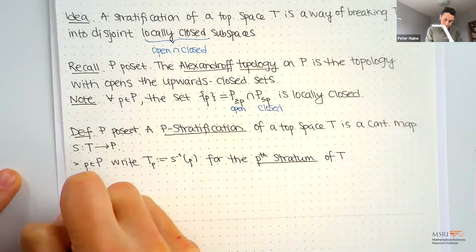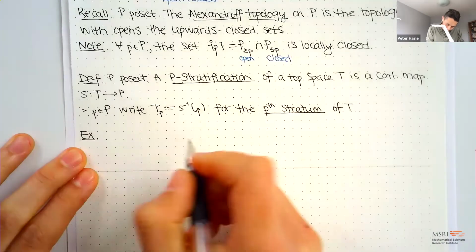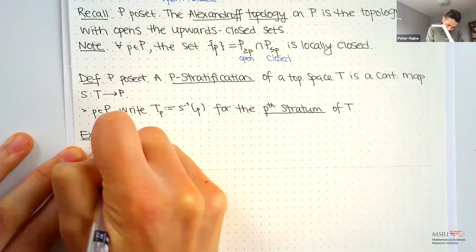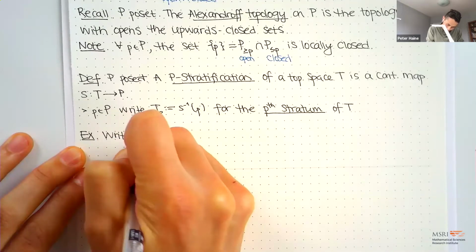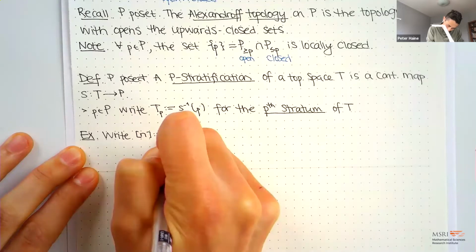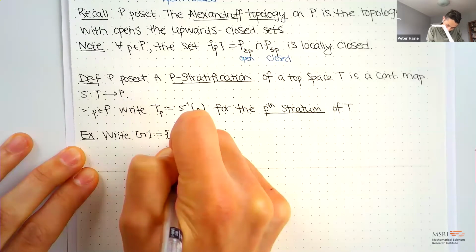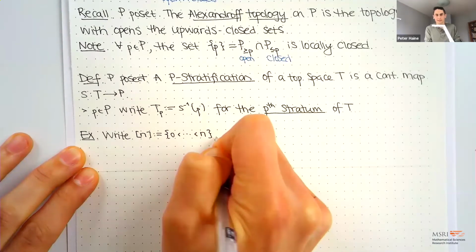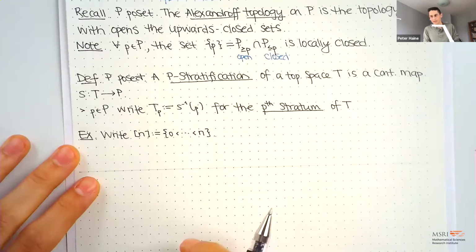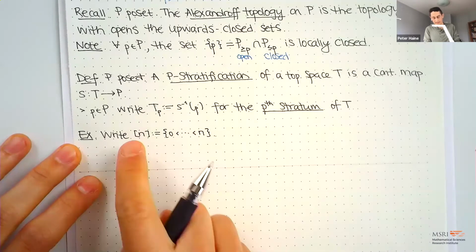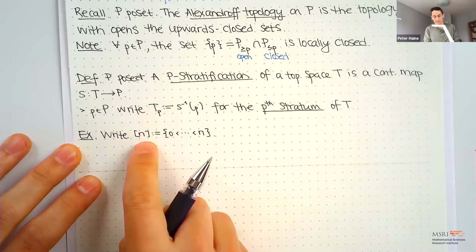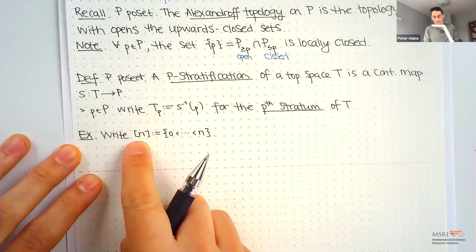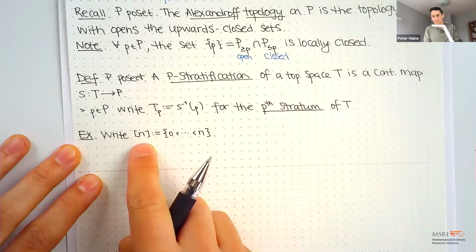So here's some examples. Let me write [n] for the poset that we all love: 0 is less than 1 is less than up to n. So in Clark's talk, he explained how this Alexandrov topological space associated to the poset [1], 0 less than 1, was the Sierpinski space.